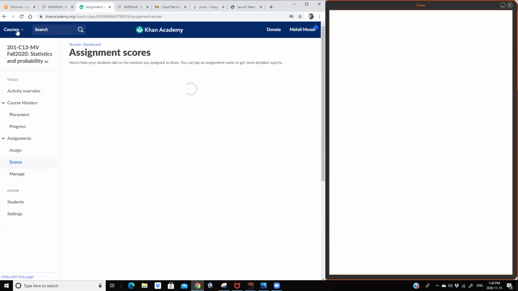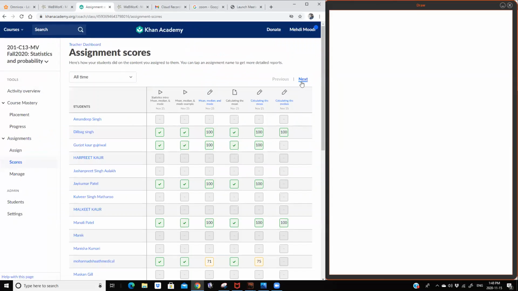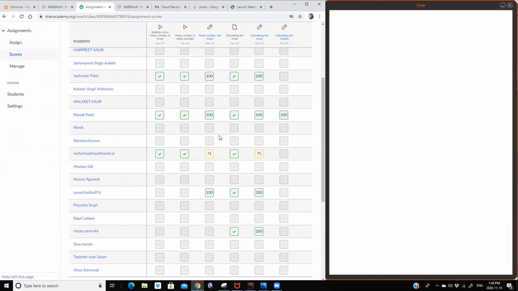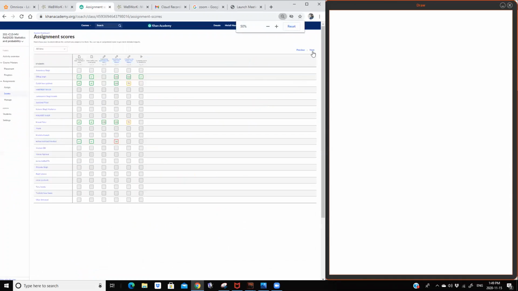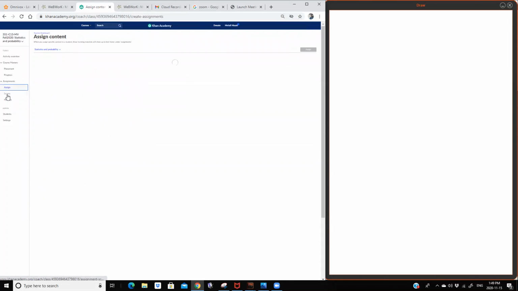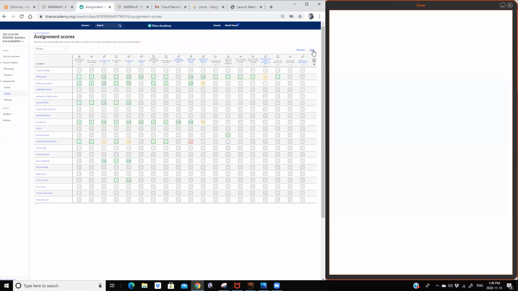Also, let me just take a look at this other type of exercise. The trends in categorical data.